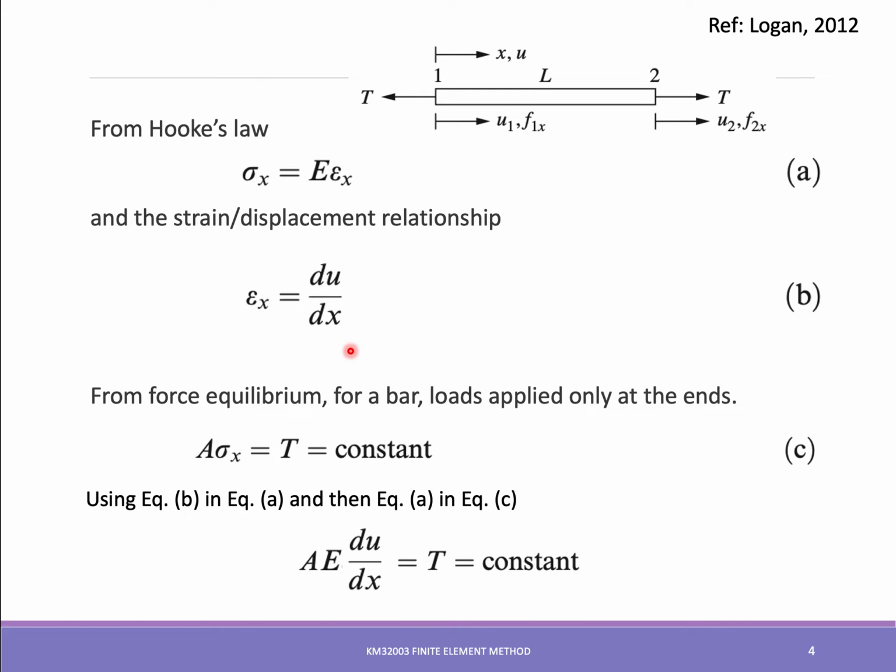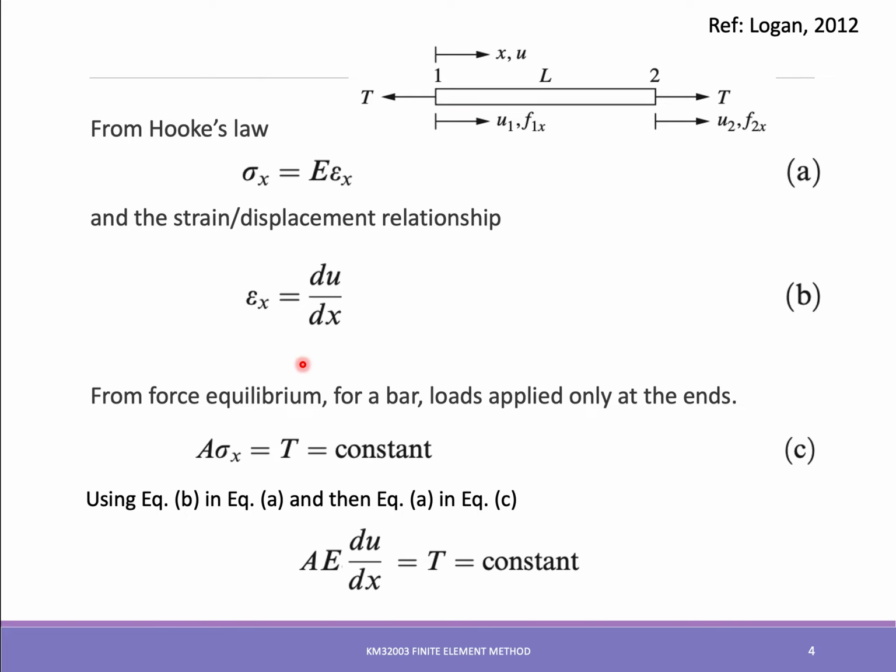For the load applied at the ends of the bar, we denote that as T, and this T is a force. When this force acts across a constant cross-sectional area, it gives us the stress.